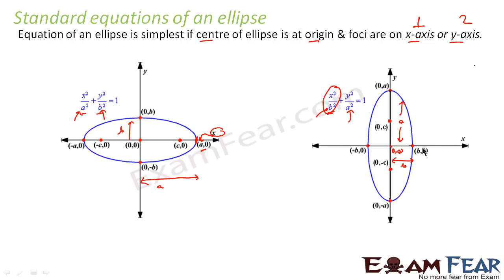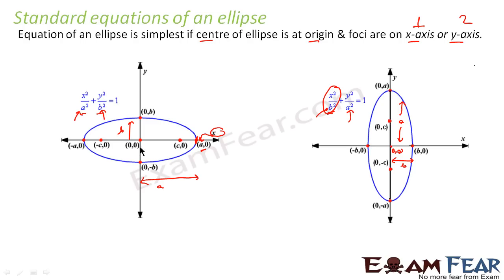In the other case, the ellipse cuts the x-axis at b comma 0, so it is x square by b square. Similarly for y, in this case the ellipse cuts the y-axis at 0 comma b, so it is y square by b square. In this case, the ellipse cuts the y-axis at 0 comma a, so it is y square by a square.